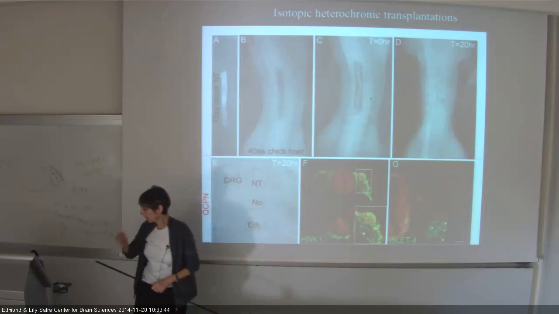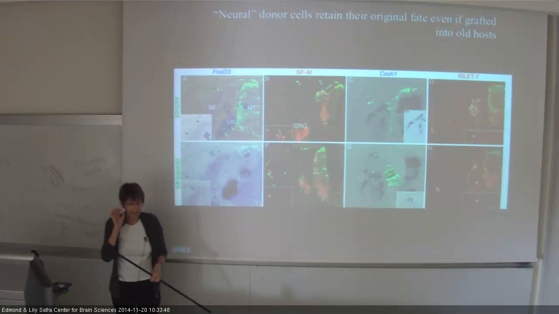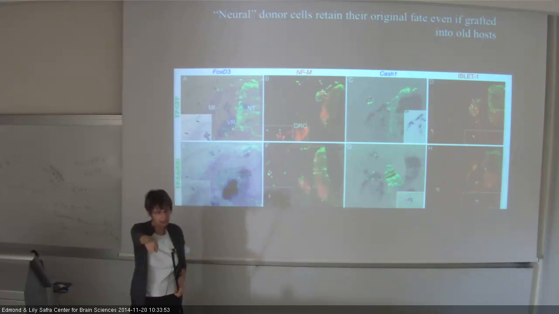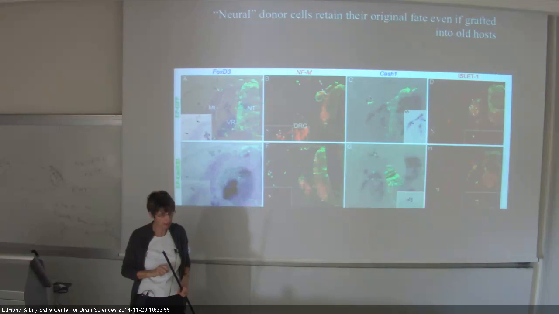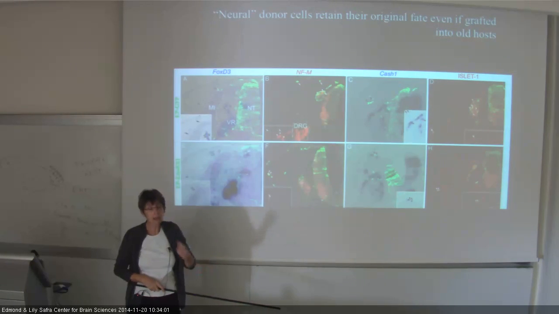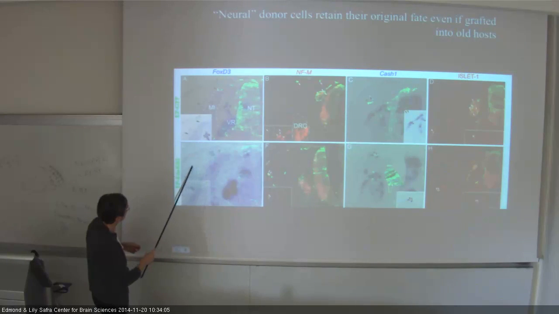So then we said, okay, now we are going to transfect or to graft tubes that were transfected with EDNRB. Namely, we are going to oblige the cells to go to the melanocytic pathway. Are they going to become neurons or melanocytes? To make a long story short, they become neurons. So even if, and you can see it here, these are cells going into the dermis prior to the epidermis.